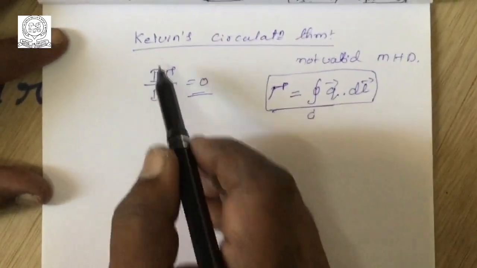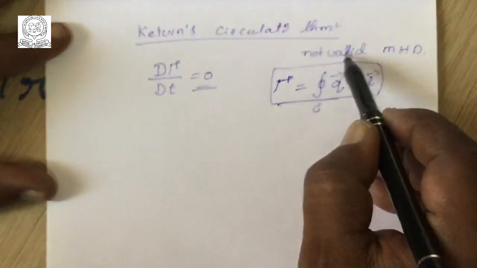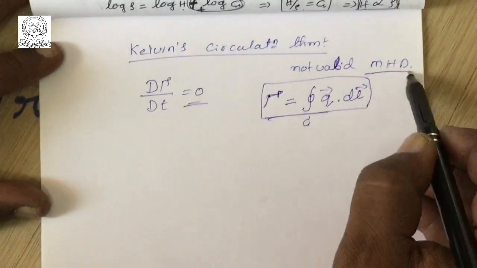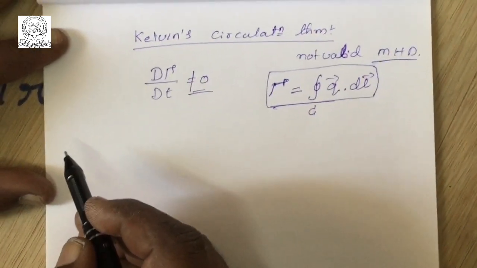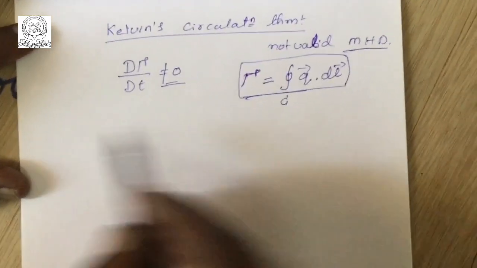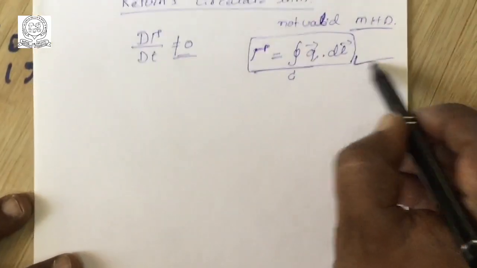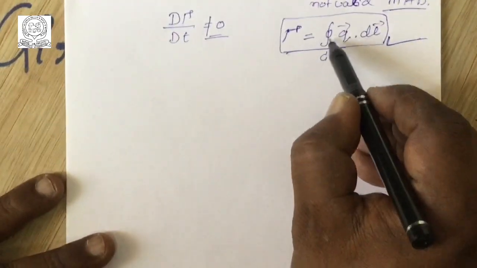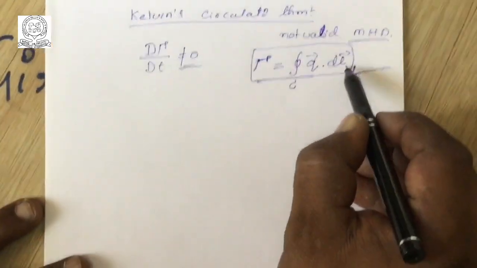Now we have to prove that in MHD the Kelvin circulation theorem is not valid, meaning we have to show d gamma by dt is not equal to 0. Now consider the definition of circulation, that is gamma is equal to the line integral over a closed contour of q dot dl.